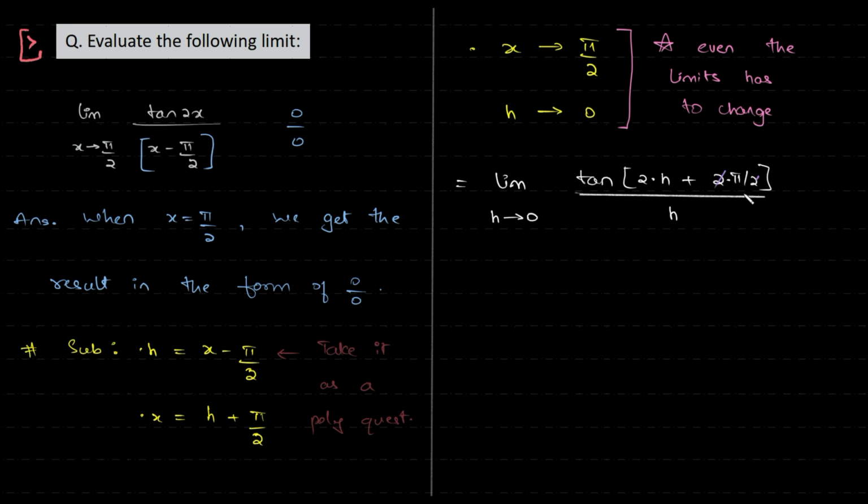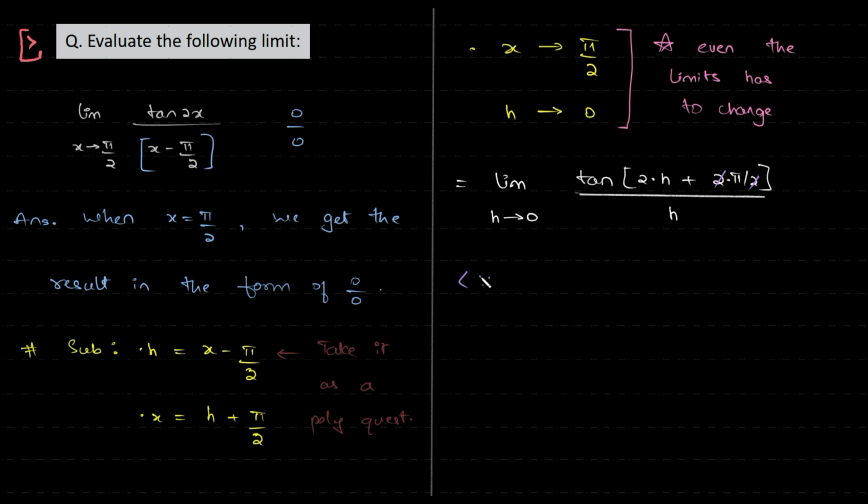And so we have the 2 and 2 getting cancelled, and this is limit h tending towards 0 tan of 2h plus 2 into 90, pi is nothing but 2 into 90 in terms of degrees, divided by h. Actually, this step was not required. It doesn't matter. Let me cancel it off. This step was not required, guys. We can directly do this.